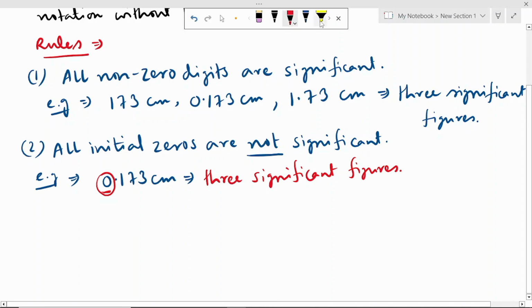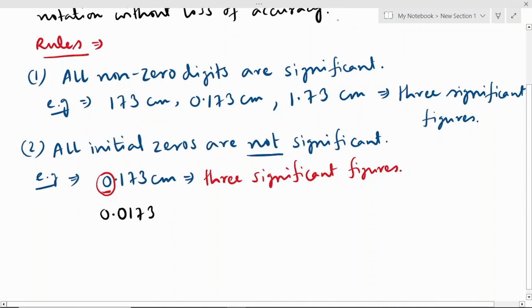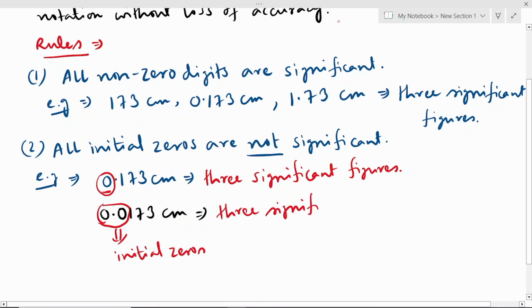Similarly, these two zeros are initial zeros. So there are also three significant figures.